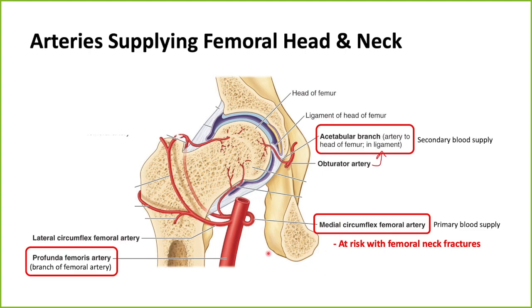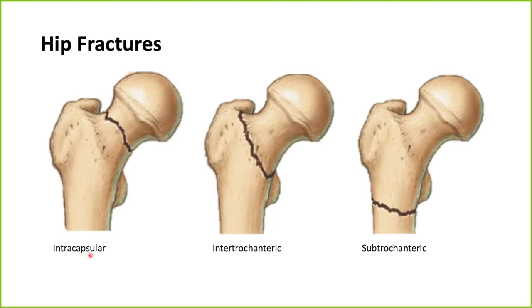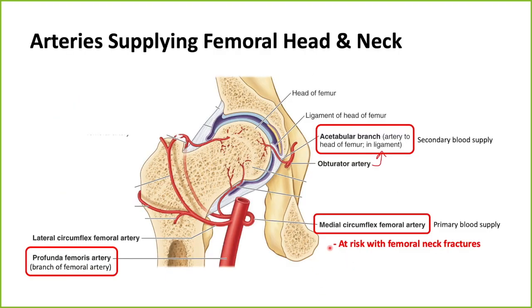So if there is a femoral neck fracture, an intracapsular fracture for example, there's a major risk of disrupting this medial circumflex femoral artery, and so there's not going to be good blood supply in order for that to heal. And then we also have the profunda, that just means deep, so deep femoral, where this is coming off.